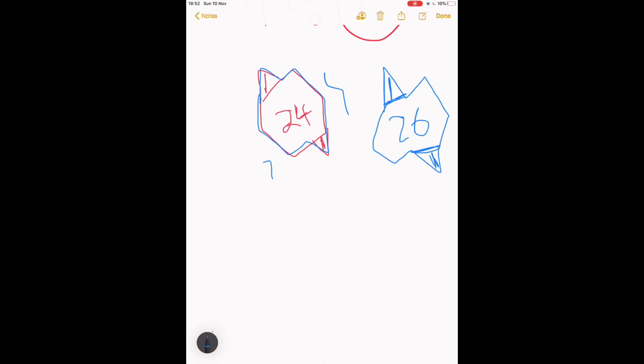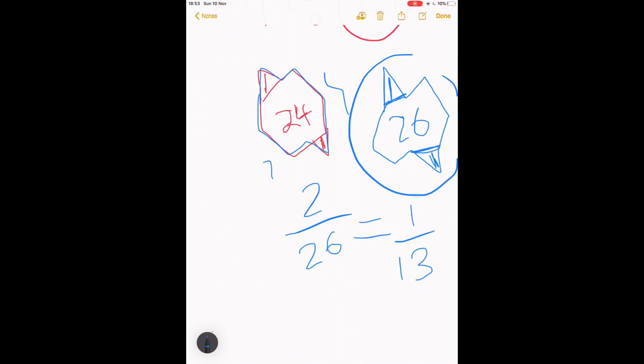So the triangles out of this whole shape are 2 out of 26 square units. And then simplifying that to get 1 out of 13. So this is our answer, which is D. Because it's an infinite number of patterns and hexagons and triangles, we can find one repeated pattern, and then we found the ratio for that.